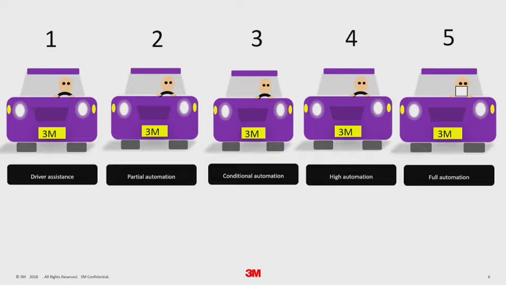It's overriding you, potentially. Then you've got 3, which is the tricky bit, where it gets a bit more difficult, and that's conditional automation. So when vehicles can do a lot of the tasks under certain circumstances. Clearly, there are challenges for that. And then over to the right further, level 4, which is a lot more complex. This is high automation. This is when the vehicle can pretty much drive itself over many scenarios, but still not everyone.